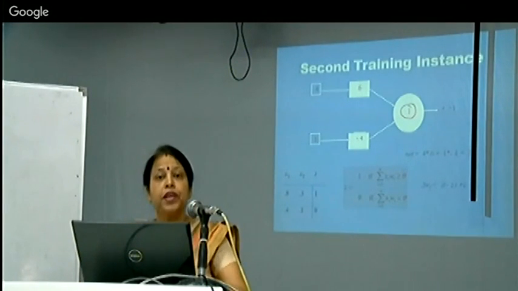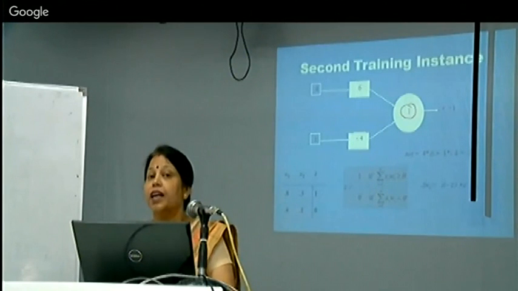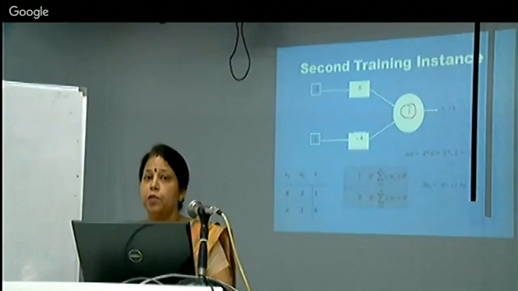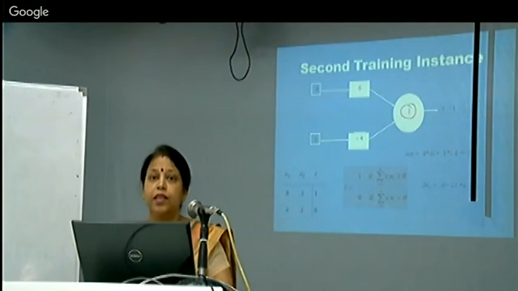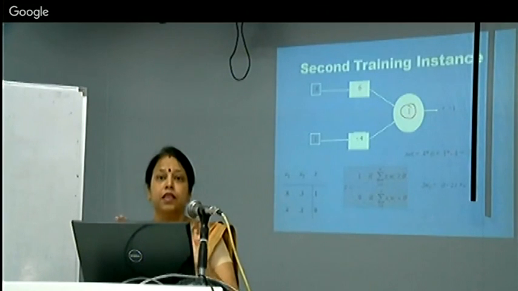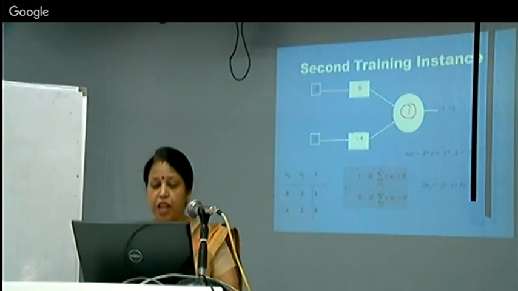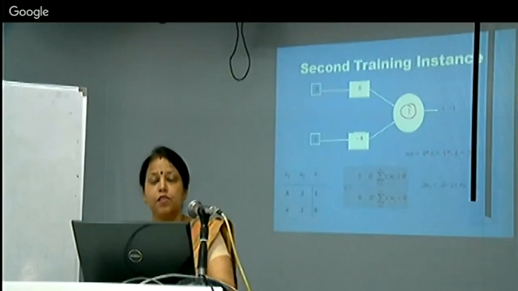Now when you do it again, if you see the targets are the same for all the inputs, that means you have got the final perceptron, the perceptron convergence point, right. That is known as the perceptron convergence point.